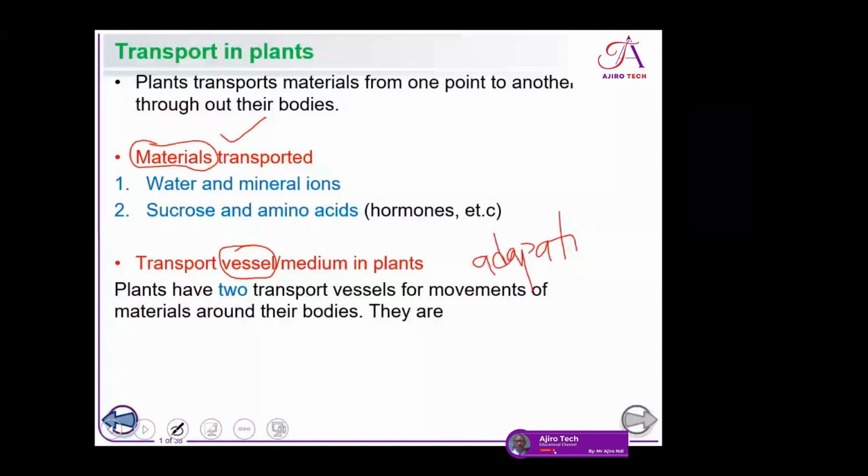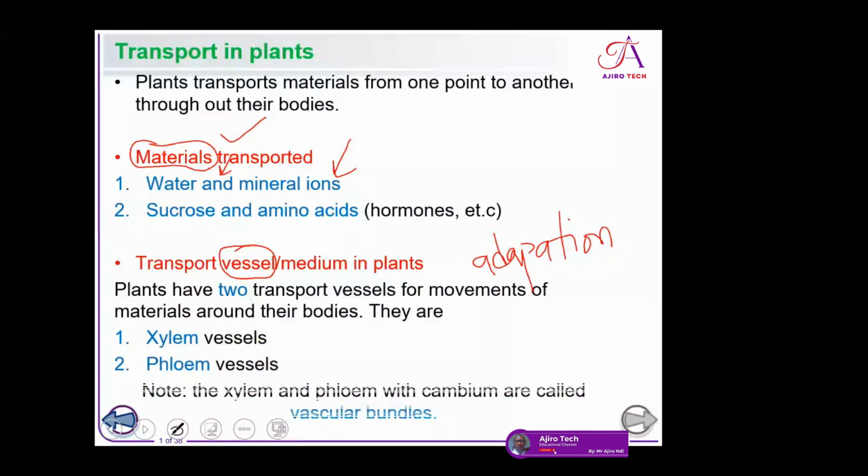We'll talk about where they get all these materials from, how they transport them, how seasons affect the materials they transport, the mechanism that ensures these materials are carried from one point to another, and the functions of all these transport vessels. A lot of this we will discuss in our next class, along with some important terms associated with transport in plants.